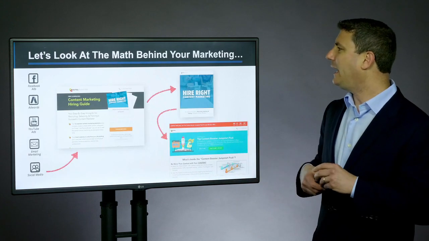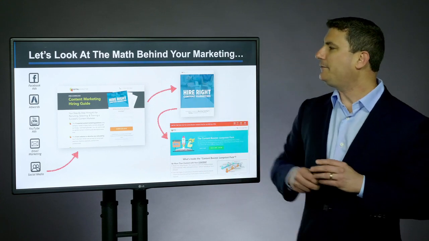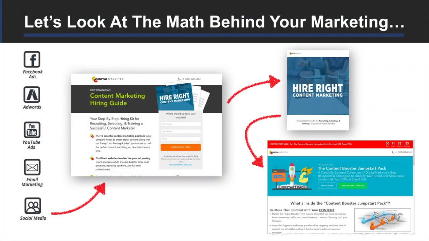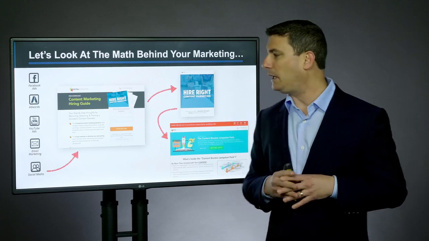Let's take a look at the math behind your marketing. Looking at this graphic, on the left you have any sort of traffic source: Facebook ads, AdWords, YouTube ads, email marketing, social media. It doesn't matter where the traffic is coming from. Let's say we're driving them into a lead magnet, a squeeze page that we talked about in the last module.